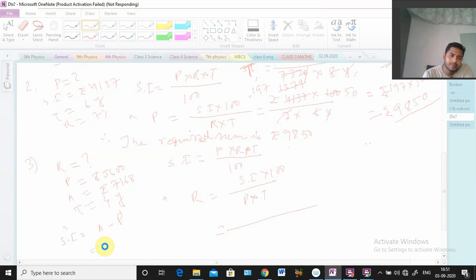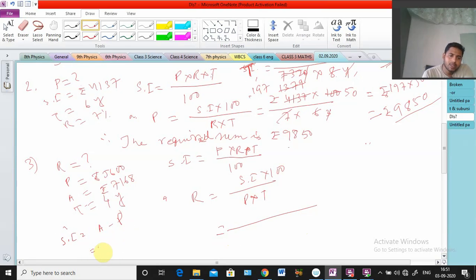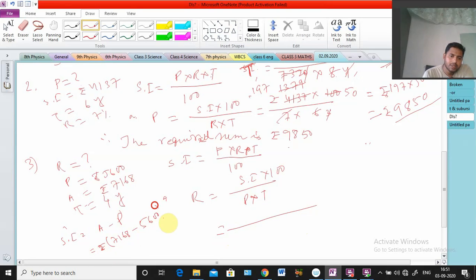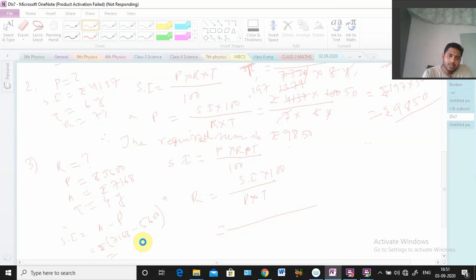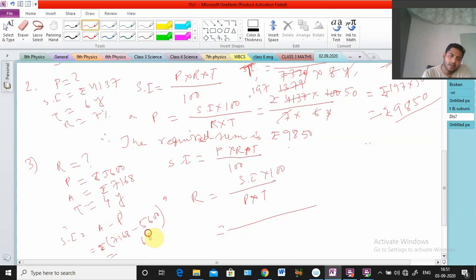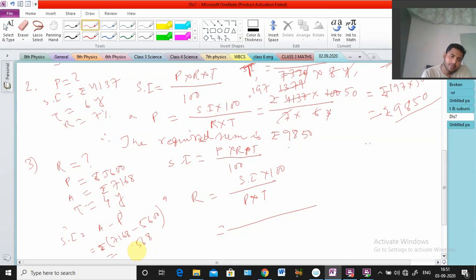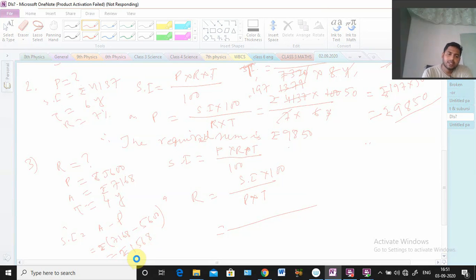Amount how much? 7168 minus 5600. So 8 minus 0 is 8, 6 minus 0 is 6, 11 minus 6 is 5, and 6 minus 5 is 1. Rupees 1568. That is SI.